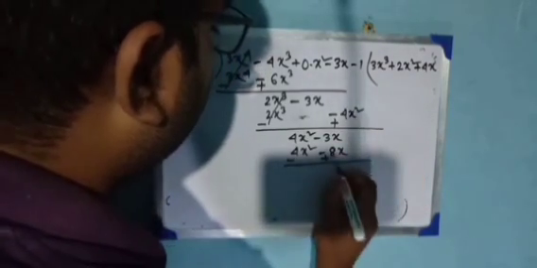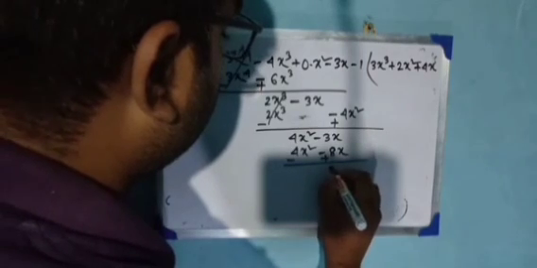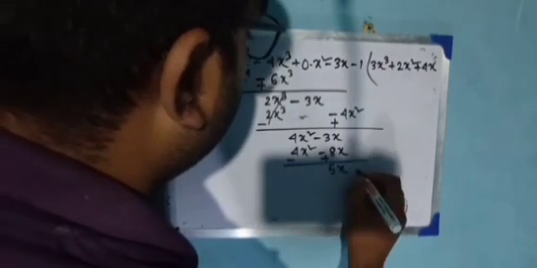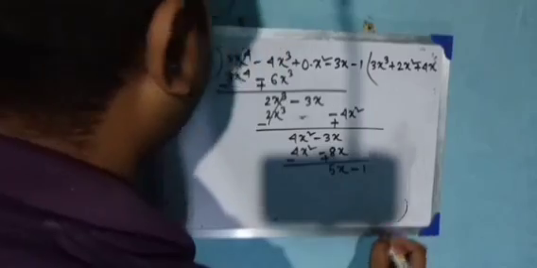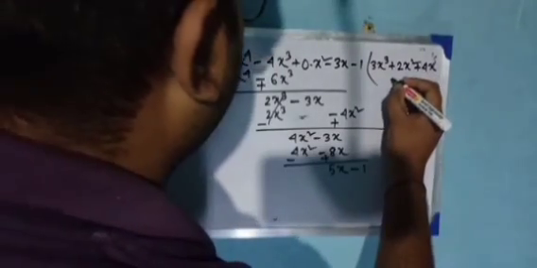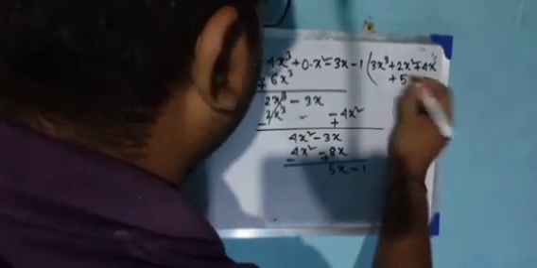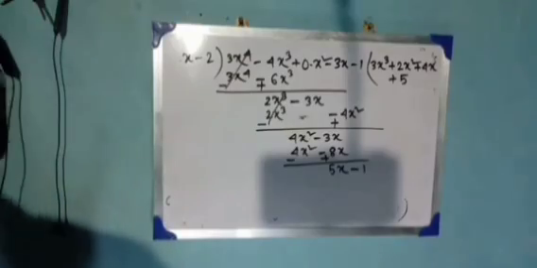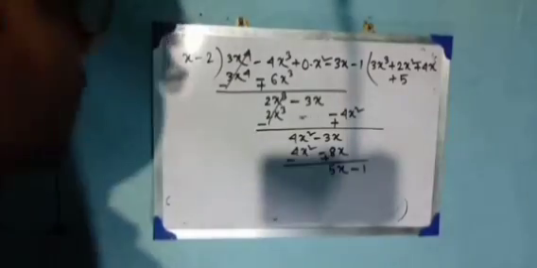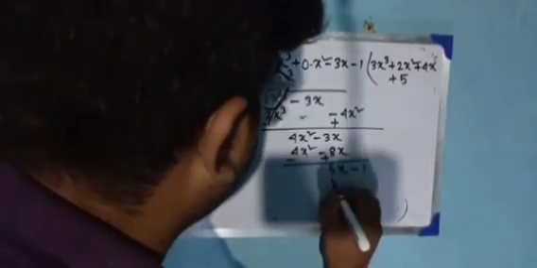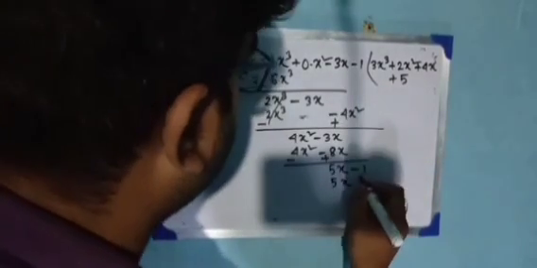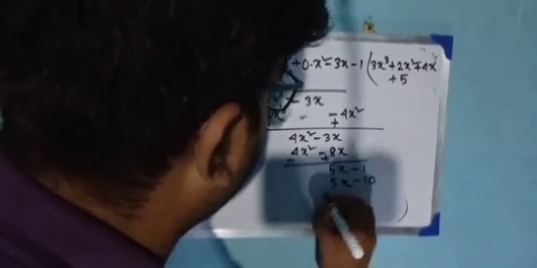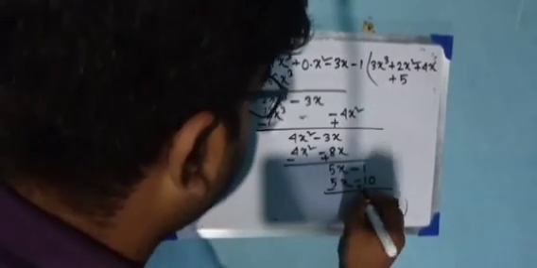So this should be 5x minus 1. Again, I have to multiply it by plus 5. And I will get 5x minus 10, minus, this will be plus, as a remainder I am getting 9.